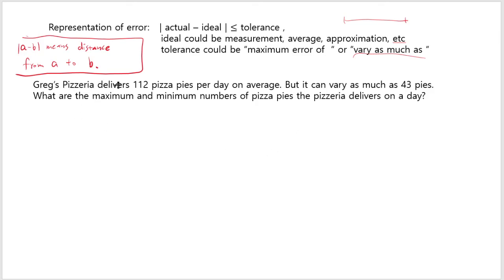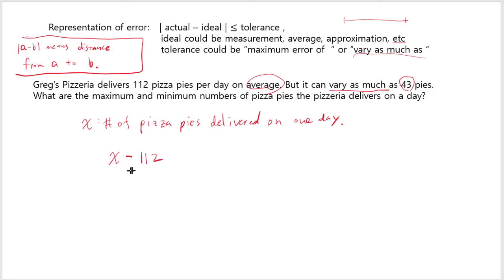So Greg's Pizzeria delivers 112 pizza per day on average, but it can vary as much as 43, okay? So what this means is that on any day, let's say X is the number of pizza pies delivered on one day, and X minus on the average is about 112.